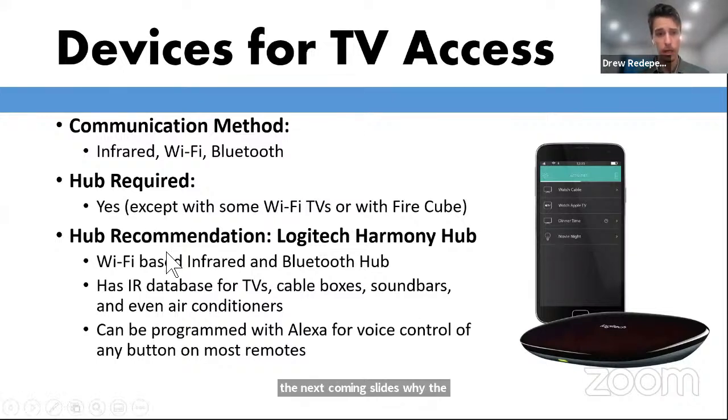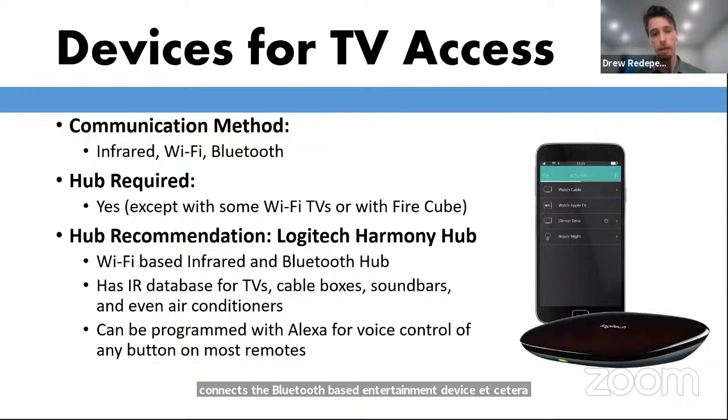The Harmony Hub is a Wi-Fi based infrared and Bluetooth hub. It allows Alexa to communicate with your infrared based devices like your TV, and it also connects to Bluetooth based entertainment devices like Fire Sticks, Roku based devices, and pretty much any entertainment device you have.